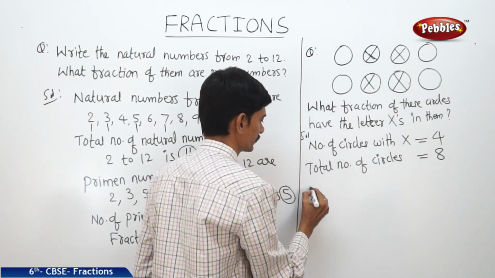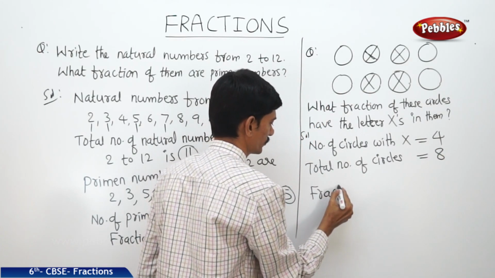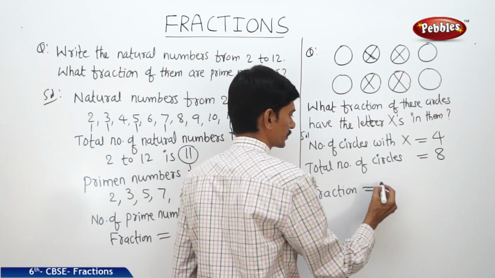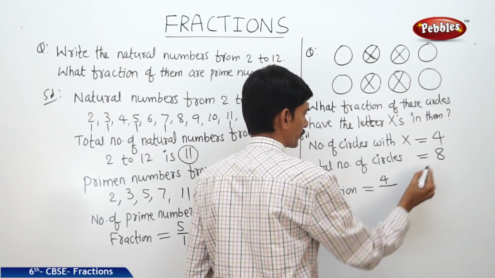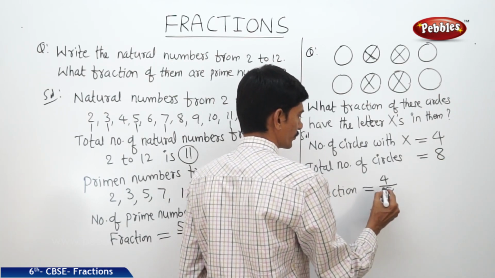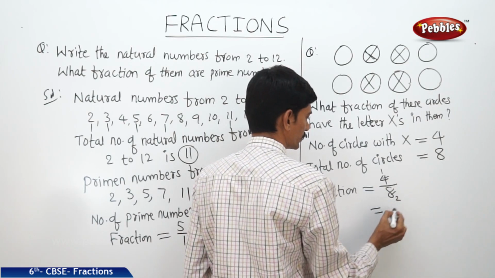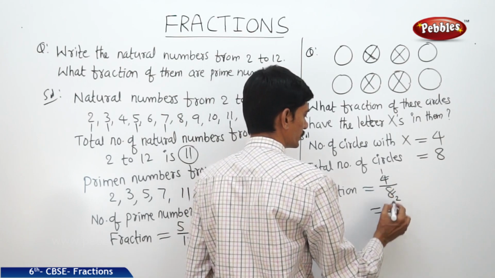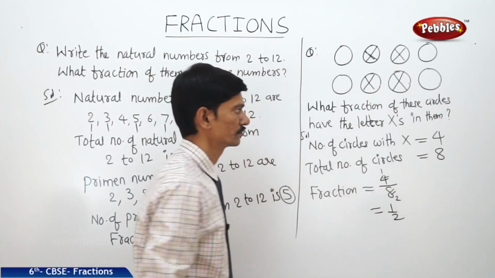Then the required fraction equals the number of circles with X, means 4 by the total number of circles 8. So if you write this in the simplest form, we can write 4 1s are 4, 4 2s are 8. So this equals 1 by 2. So this is either 4 by 8 or 1 by 2.